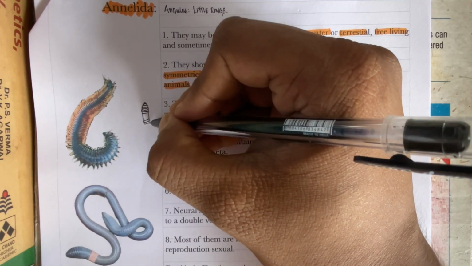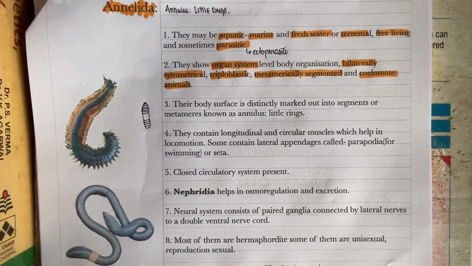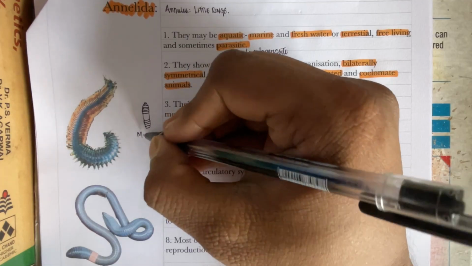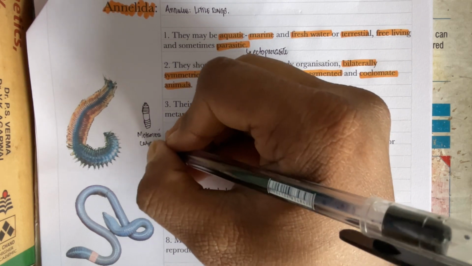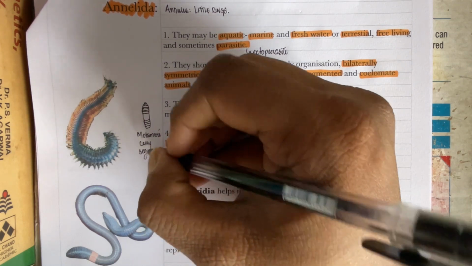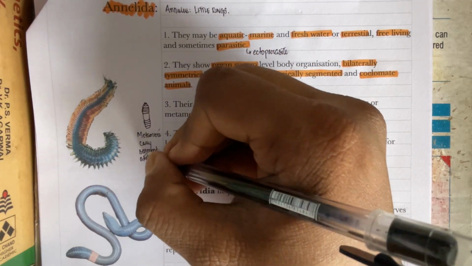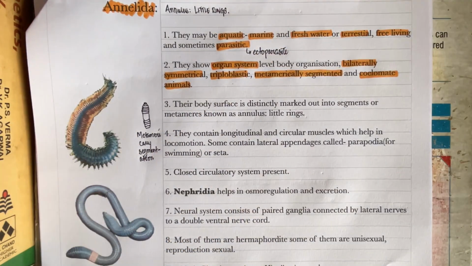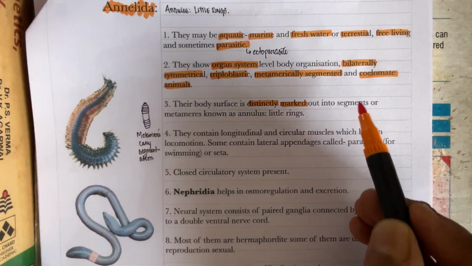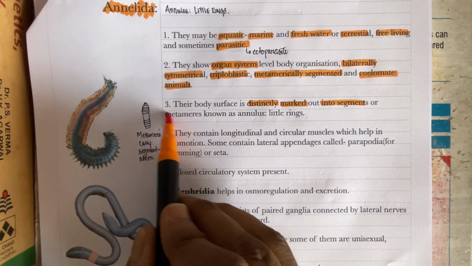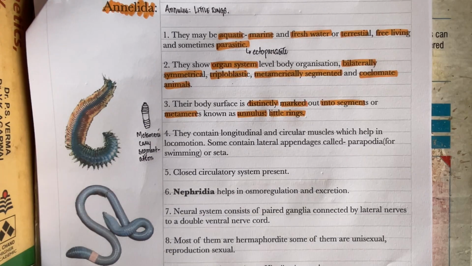And this kind of segmentation is called metamerically segmented, or metameric segmentation. That is the proper word to be used. Their body surface is distinctly marked out into segments known as metameres or annulus, which basically means little rings.